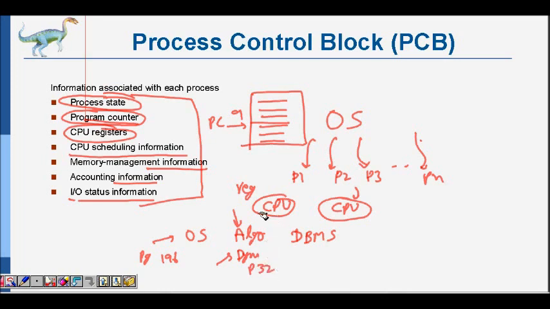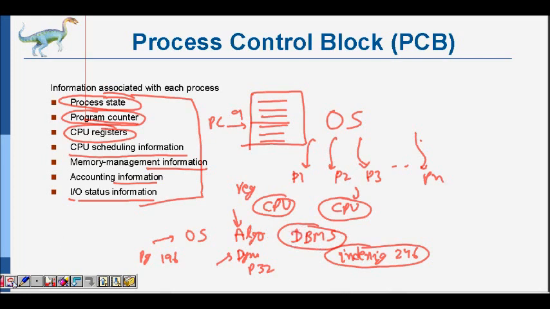You remember that you were in dynamic programming, page number 32, so you go there and start. Then in DBMS you should know that you were studying something like indexing, on page number 246. So when you are switching between them, you need to know where you were.